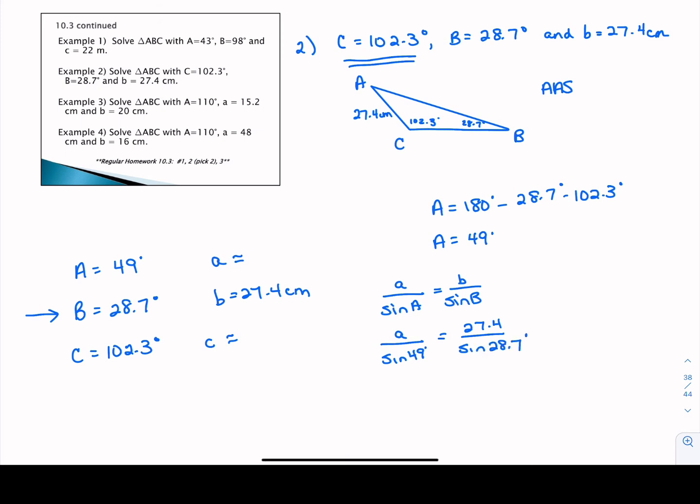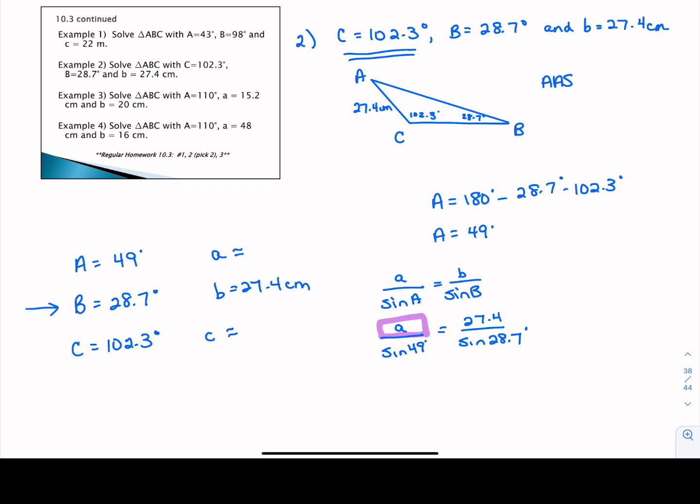From here, once again, we're trying to solve for a, which is our unknown, and what we can do is cross multiply and divide. So when we solve for a, that's going to be 27.4 multiplied by the sine of 49 degrees, and we divide that all by the sine of 28.7 degrees.